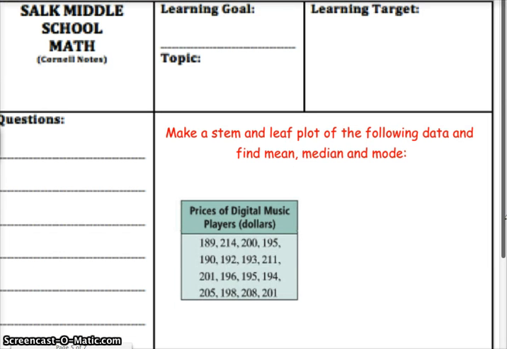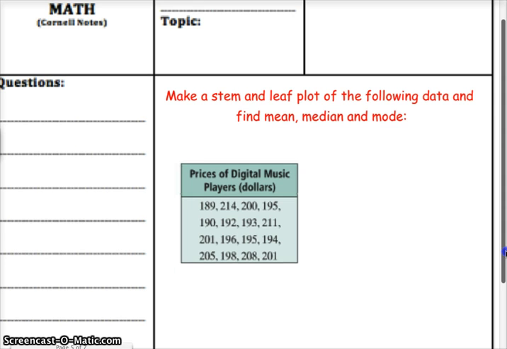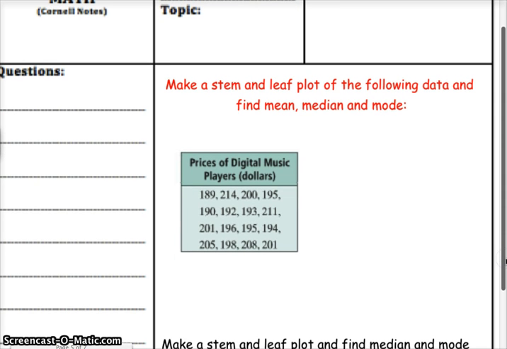All right, so given this table, we're going to make a stem and leaf plot of the following data. From there, we're going to find the mean, the median, and the mode. The hardest thing I see students struggle with is identifying what the stem part should be. So I always look to see, okay, what numbers do I lie between?